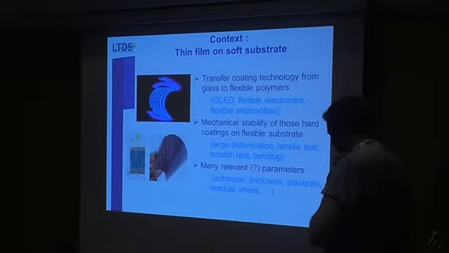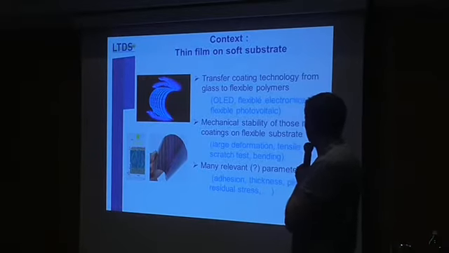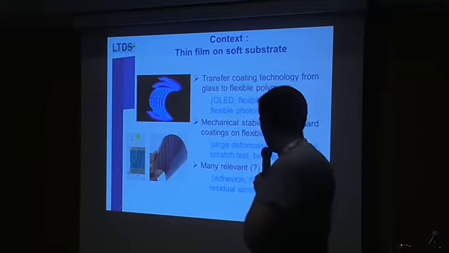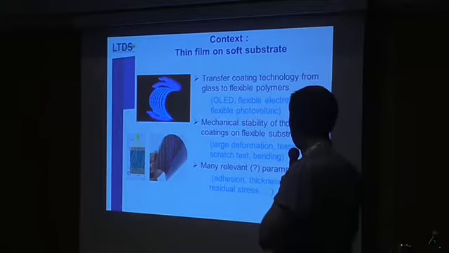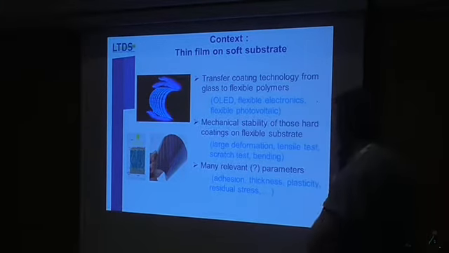But since a few years, the development of flexible electronic or flexible photovoltaic leads to new questions about the mechanical stability of those hard coatings when you want to deposit them on a flexible substrate.